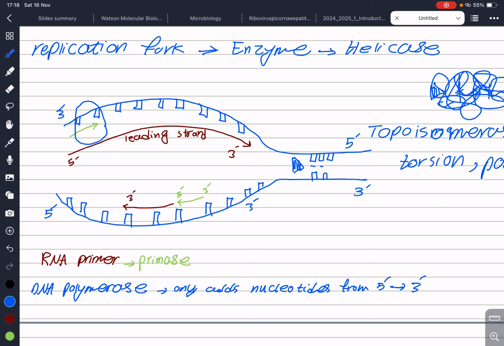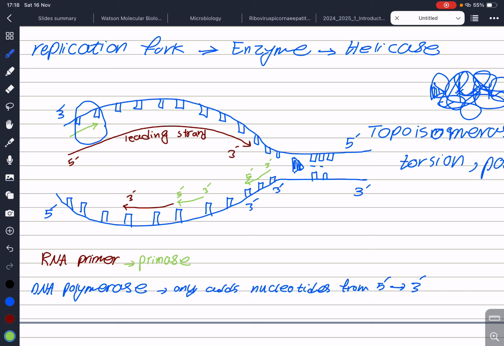Now again we have the continuation of the open strands of the DNA, where again it is 3' and 5'. So another RNA primer will be attached to the 3' to 5' end.